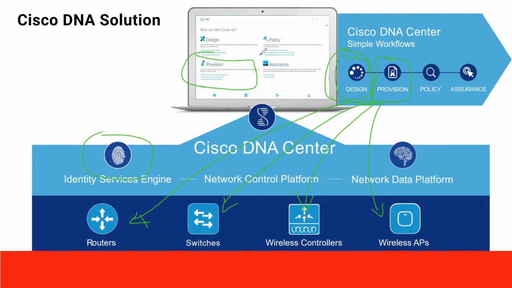The port level configuration: whether to allow a single identity or a group of subnets on that specific port, or make it a trunk port so that anyone connecting on that can have access to anything.